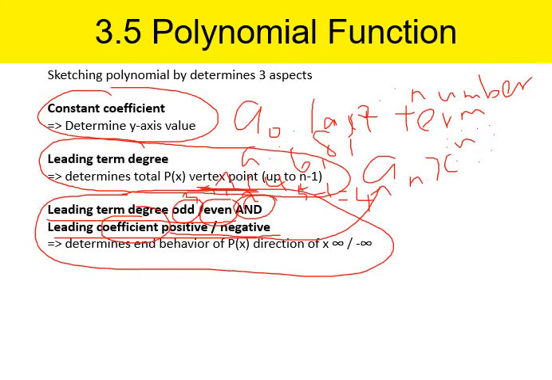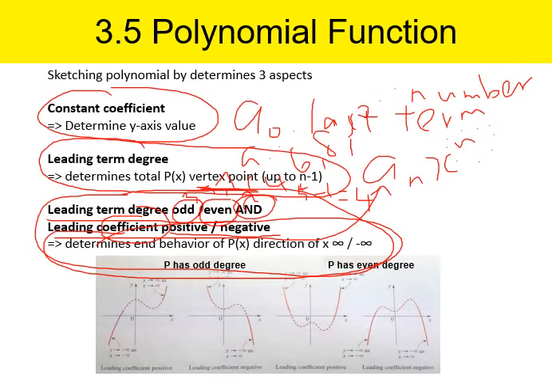Then we can determine the end behavior of this function. What is the meaning of end behavior? It is the very far left and far right hand side. What are you going to see here?